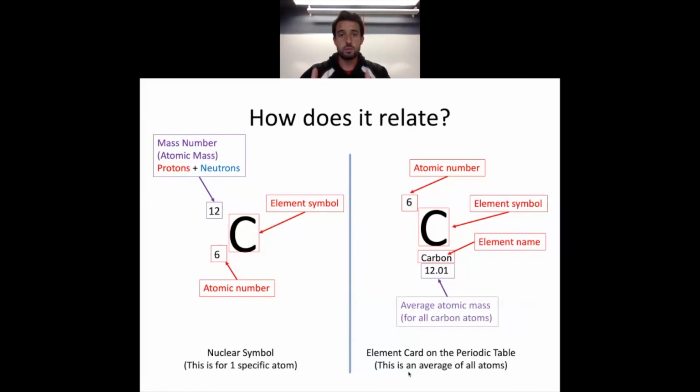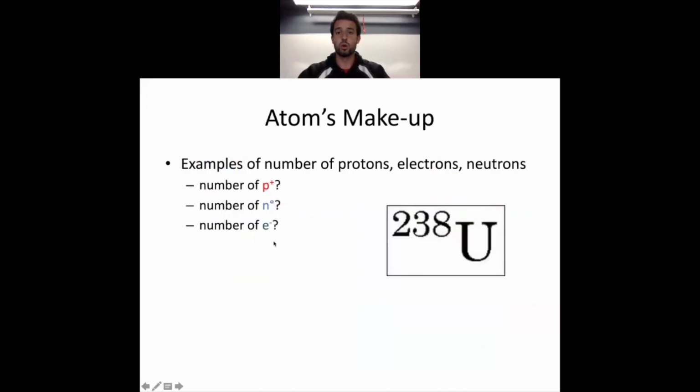So hopefully that makes sense. The moral of the story is never use this 12.01 number. Never use a number with a decimal point when you're talking about mass number. Mass number should always either be calculated by adding protons and neutrons, or it'll just be given to you when it comes to the nuclear symbol. Sound good? Cool. Let's move on to the practice problem.